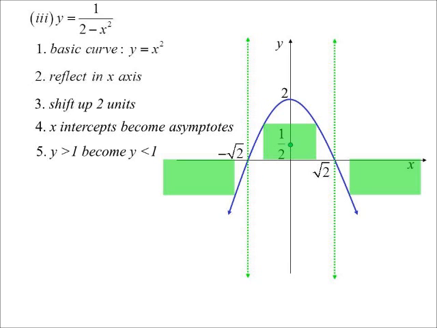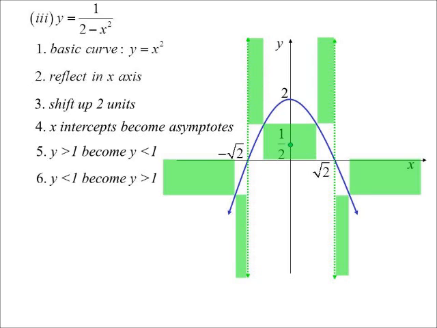Let's imagine that was where y is negative 1. The original graph has, well, I'm talking about absolute value here, a value of something bigger than 1. So when I turn it upside down, it should go smaller than 1. So it'll be in these rectangles. And then where it was originally less than 1, it should become bigger than 1. So there are the regions my new graph should go.